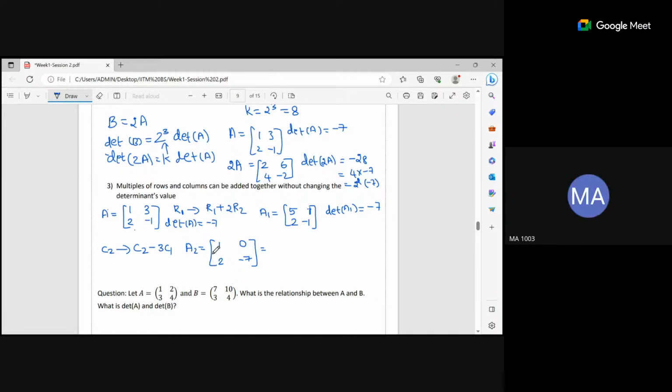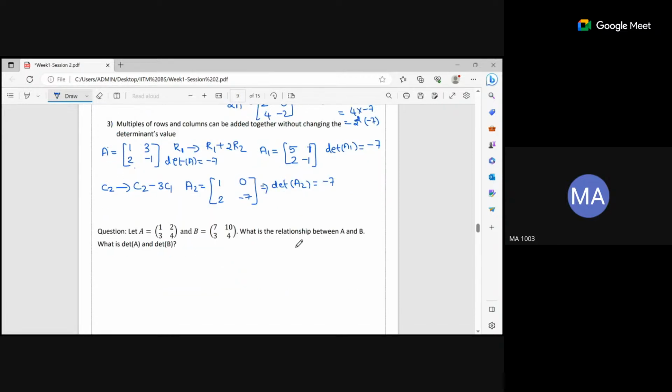Now look at this question. Let A be equal to 1, 2, 3, 4 and B equal to 7, 10, 3, 4. Can you first of all see what is the relationship between these two matrices? The second row is the same, and R1 of B is equal to R1 plus 2R2.